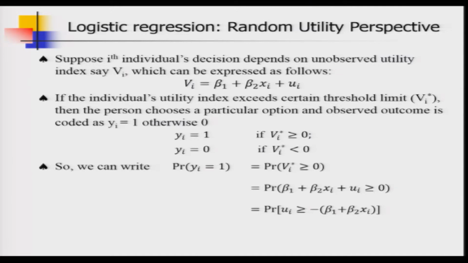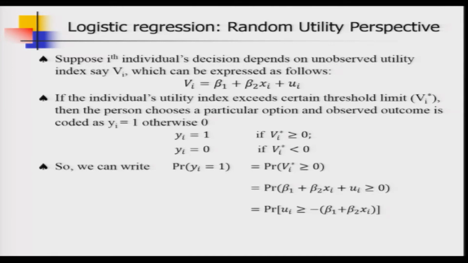Okay. So, now let us translate this probability of y i equals 1 into the unobserved utility term. This probability is equal to the probability that V star i is greater than or equal to 0. Now we have this expression for V i, so we plug that expression here in place of V star i.